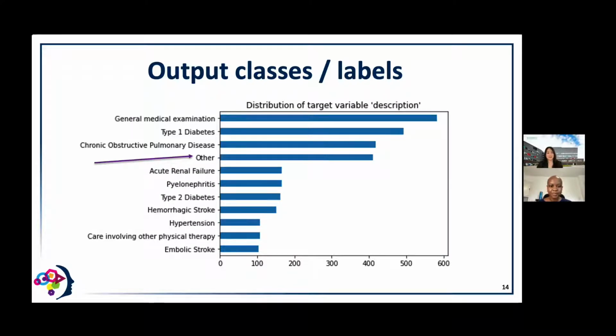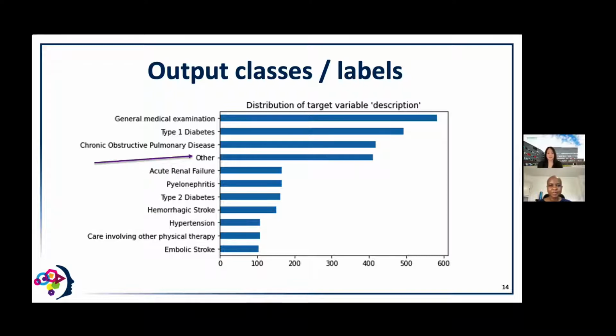What you'll notice is that after we've done the data cleaning and collapsing some of the categories, we came up with this other category. The reason there's this other category is that when we looked at the different diagnoses, we noticed that there are some with very few examples. Individually, it'll be hard for the machine to learn the patterns if they only have a few examples.